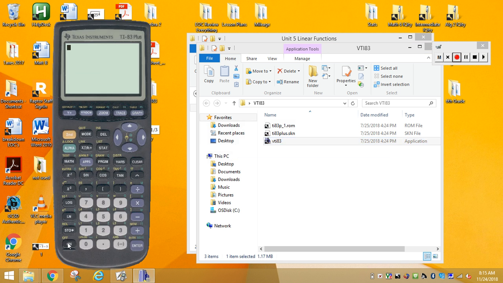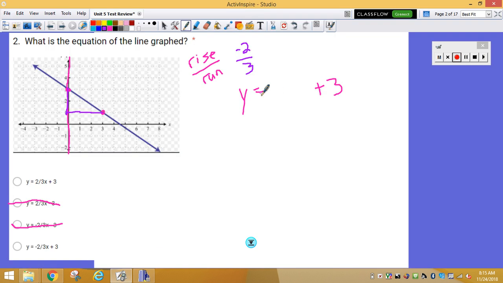We're going to type in -2 divided by 3. Remember, we want to turn it to a fraction, so I'm going to hit math, enter, enter, and my slope is -2/3. So -2/3 x, and my answer is D. So that's how you'll do number 2 on your test.